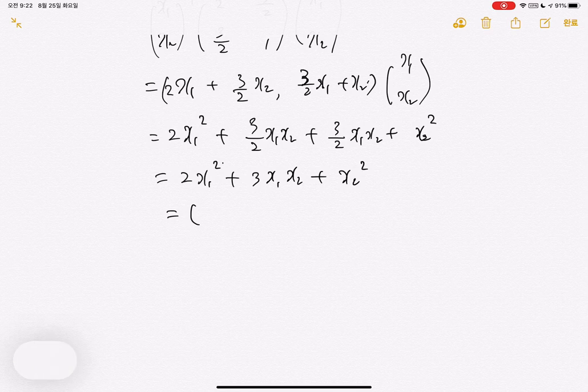So it's not always greater than or equal to 0, right?